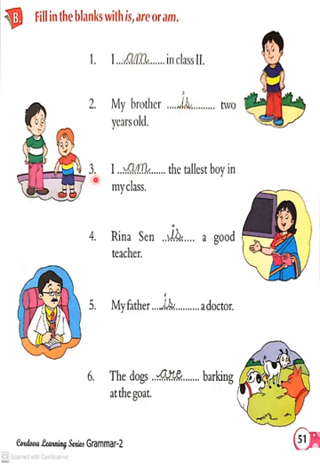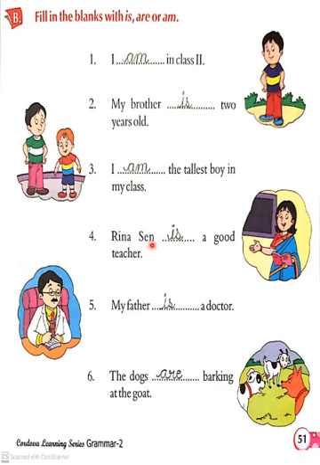Third, I. Again the letter I. Again the pronoun I is used here, and I is always used with the verb am. So I am the tallest boy in my class. Fourth, Rina Sen dash a good teacher.